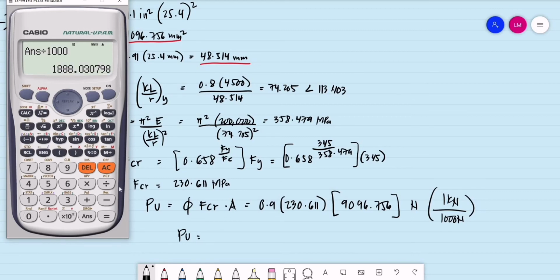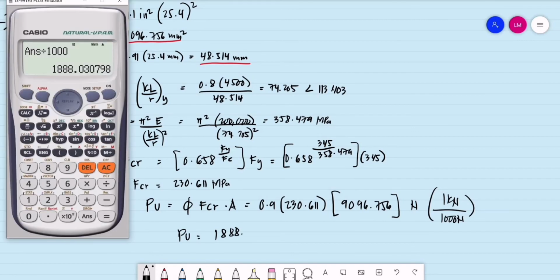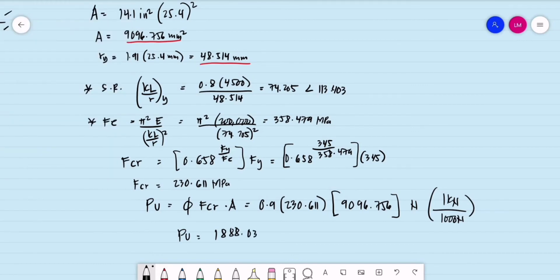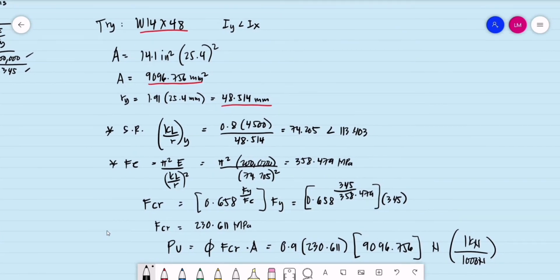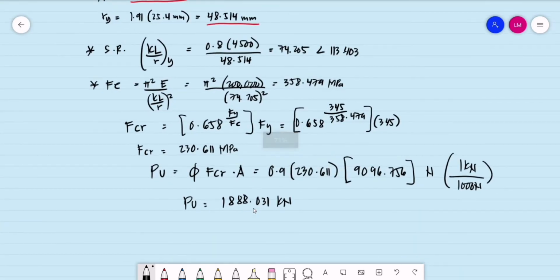So this is 1,888.031 kilonewtons. Okay, this is the capacity of our trial section, the W14 by 48. But the actual required ultimate load is 2,320 kilonewtons.